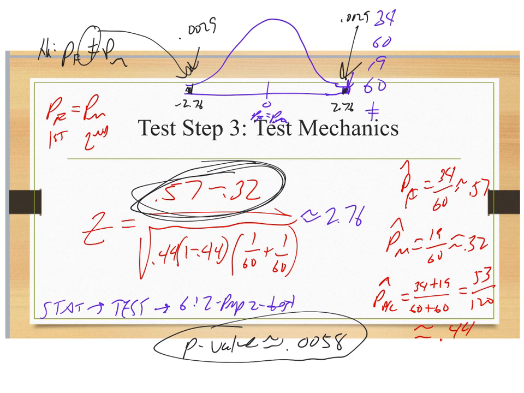So again, p-value by definition is the chances of being, in this case, that much different or more different, assuming the null is true. And the null in this problem was that they were equal, which is the center of this curve here. So there was about a 1 in 200 chance. So in other words, we either got a really rare sample, which we didn't. We didn't take a random sample. Well, we said we did. So the third option was that we are going to reject that they are equal.